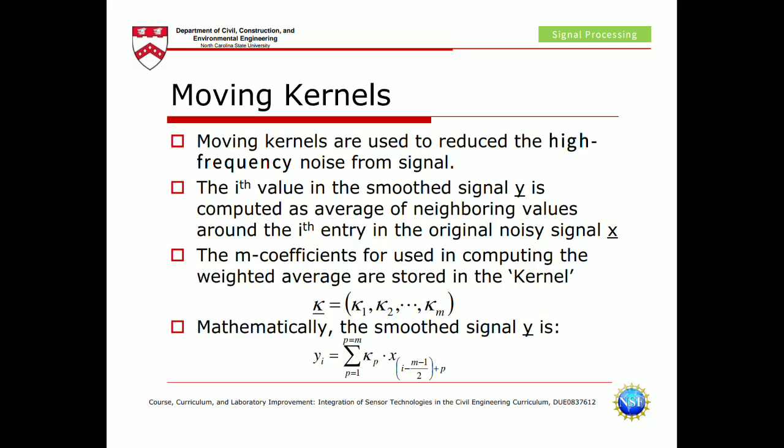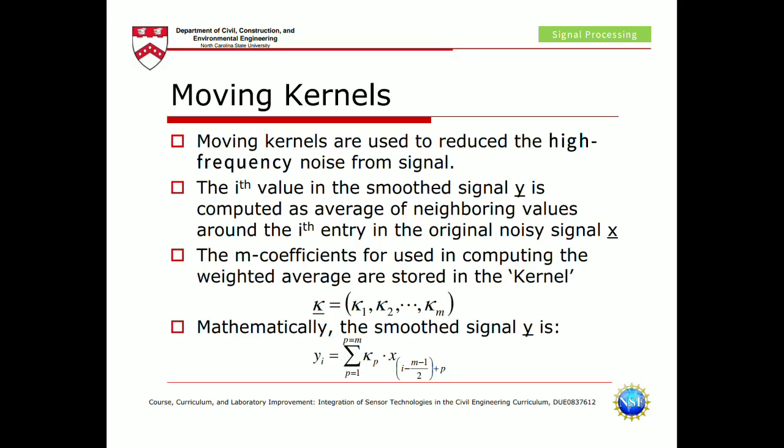Mathematically, the smooth signal y_i is equal to the summation of p equal to 1 to p equal to m of k_p times x_(i minus (m minus 1)/2 plus p).